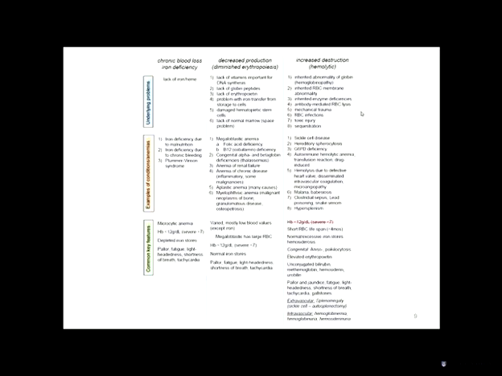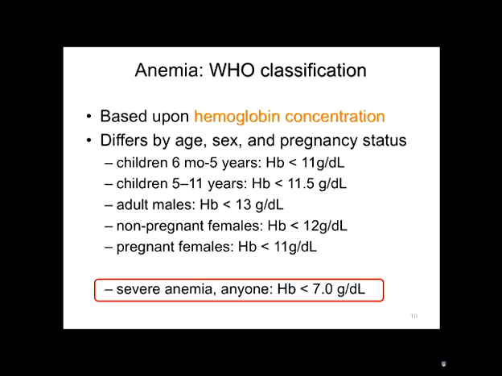So again, we'll be looking at that in just a minute. All right, so there are 3 different classifications that are in common use. The one that WHO proposes has to do with just the level of hemoglobin. And the breakdown is by age, sex, pregnancy status.